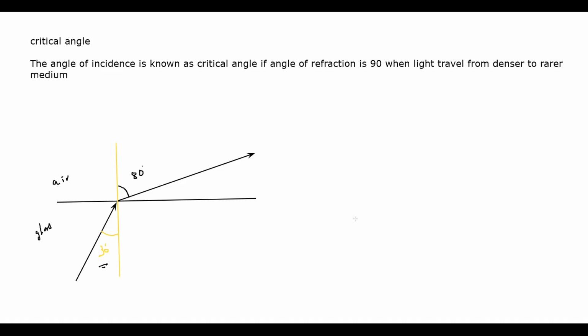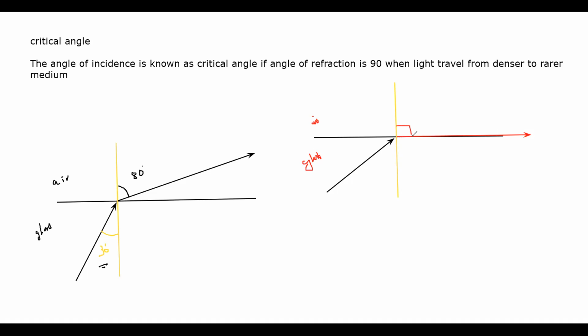So if we further increase the angle of incidence, so that the refracted ray travels along the boundary, what is the angle of refraction here moving from glass to air?